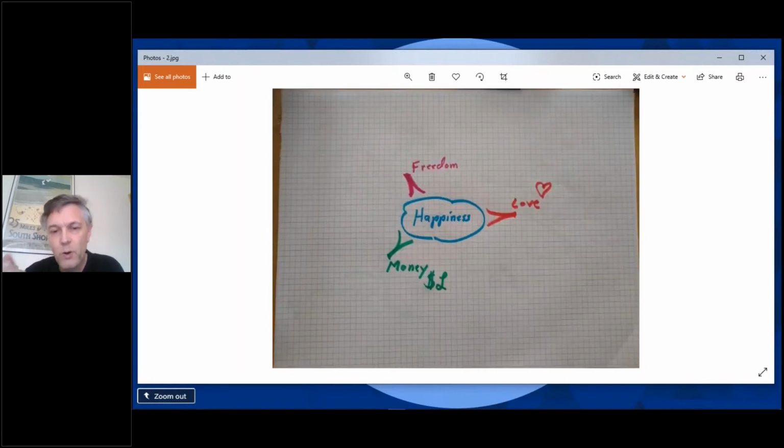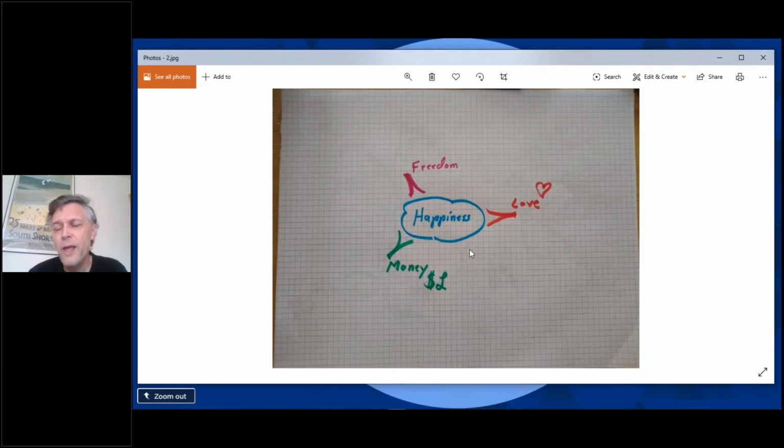So I very quickly threw down 3 new nodes, 3 branches off: freedom, love, and money. That for me, the concept of happiness potentially connects to these 3 ideas. Now, if I had taken more time, I could have easily created additional primary nodes linking away from happiness, if I give myself more time to think about it.